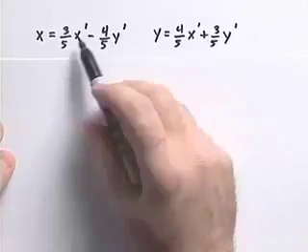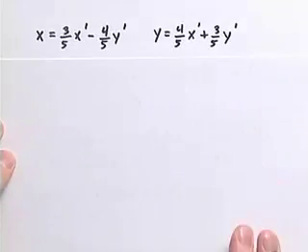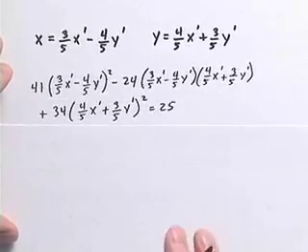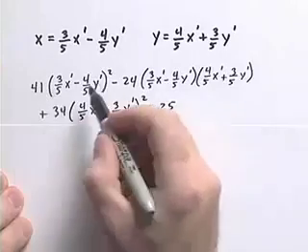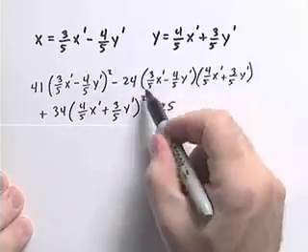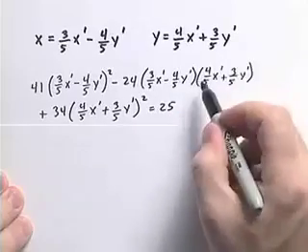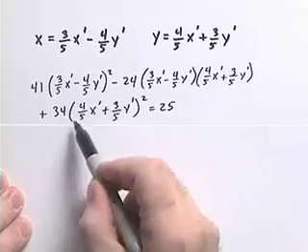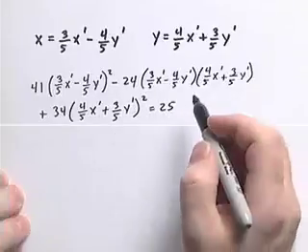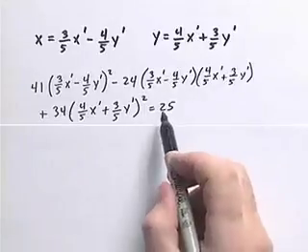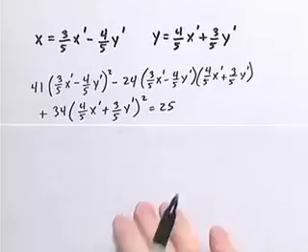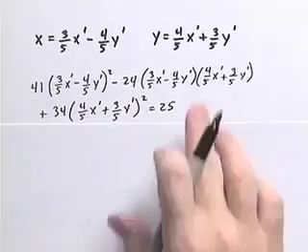If we substitute these expressions into our original equation, we'll get 41 times our new value for x squared, minus 24 times our value for x times our value for y, plus 34 times our value for y squared, and that's going to equal 25. If we multiply both sides by 25, that will get rid of our denominators, and then we're going to expand each of these squares and this product.